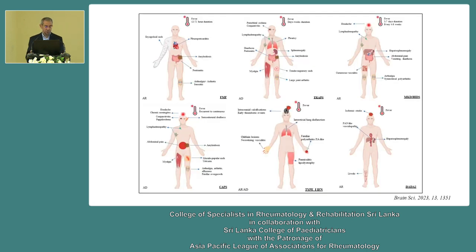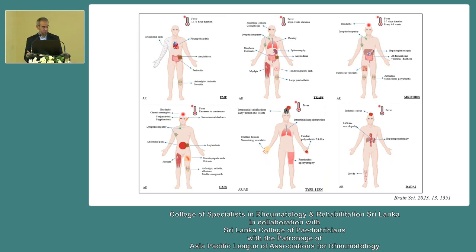This table, or this photo, is just to give you a clue. Some diseases probably present with peculiar clinical manifestations. So if you see a patient with fever, serositis, and arthritis without other manifestations, and they have regular attacks and in between they are okay, probably you will entertain the possibility of FMF as the first differential diagnosis.